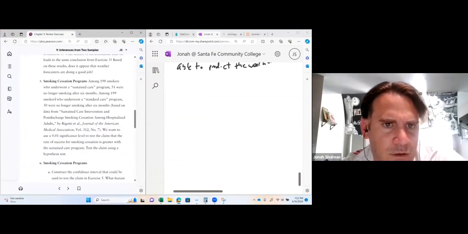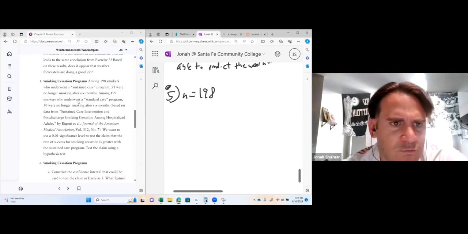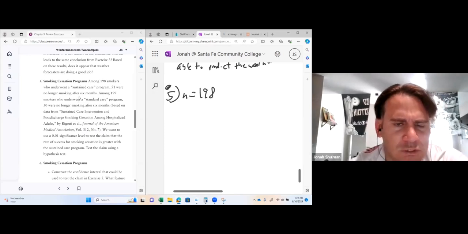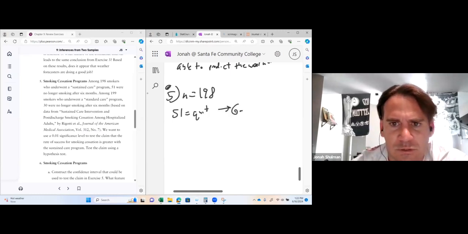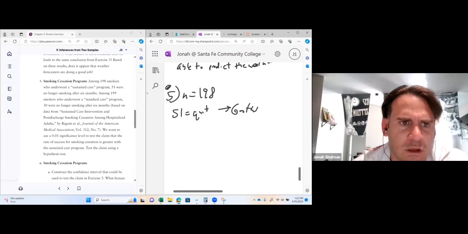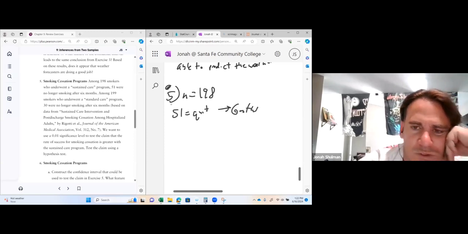All right. Among 198 smokers, so for number 5, our N is 198. 51 were no longer smoking after 6 months. So this means 51 quit. Oh, so there are different programs.